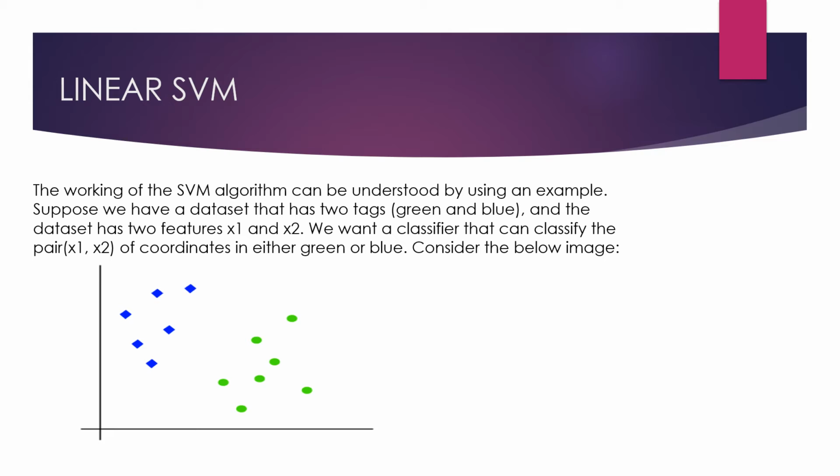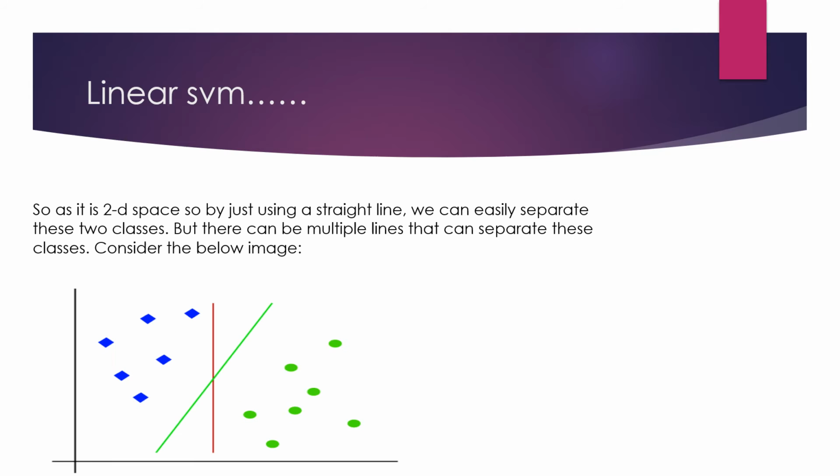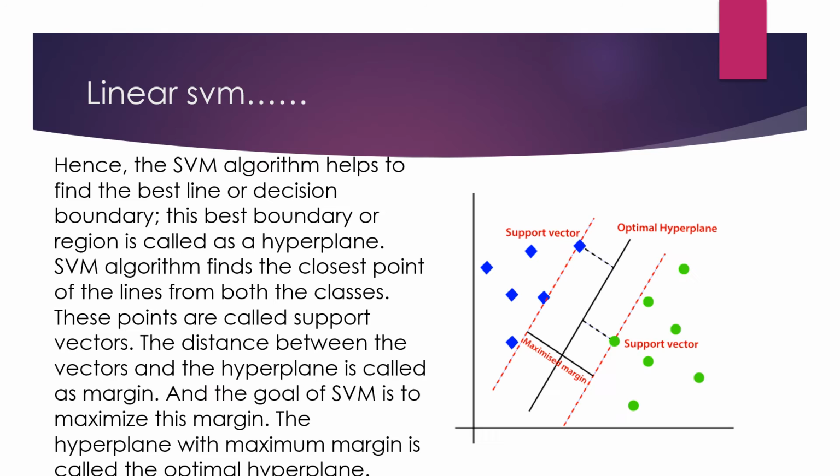Continuing with linear SVM, in this 2D space, by just using a straight line we can easily separate these two classes. But there can be multiple lines that can separate these classes. Consider the below images. Hence the SVM algorithm helps to find the best line or decision boundary.